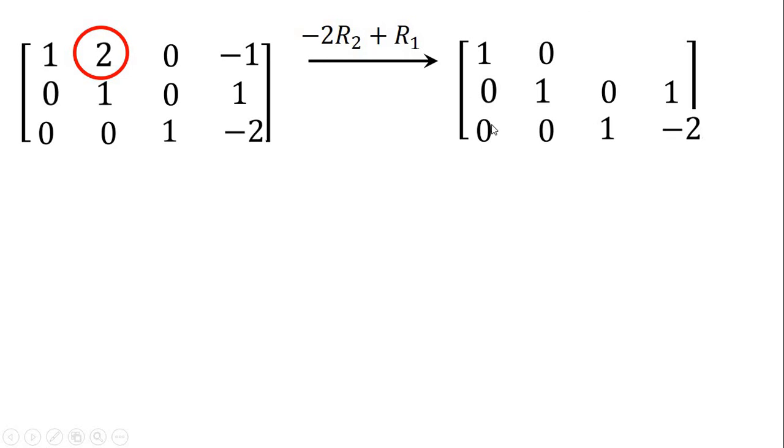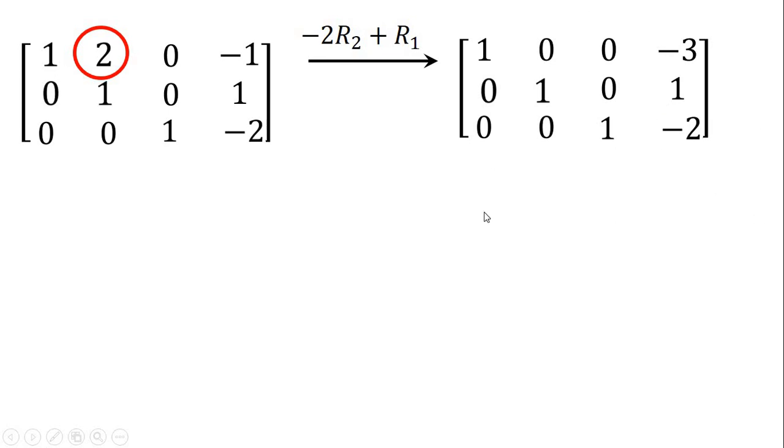No, sorry, the second and the third rows. I will simply copy them and multiply negative 2 here. So I have a 0 plus 1 is a 1. Negative 2 times 1 is negative 2 plus 2 is 0. Negative 2 times 0 is 0 plus 0 is 0. Negative 2 times 1 is negative 2 plus negative 1 is negative 3.